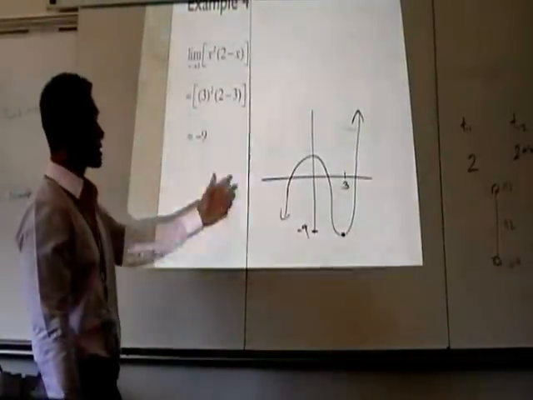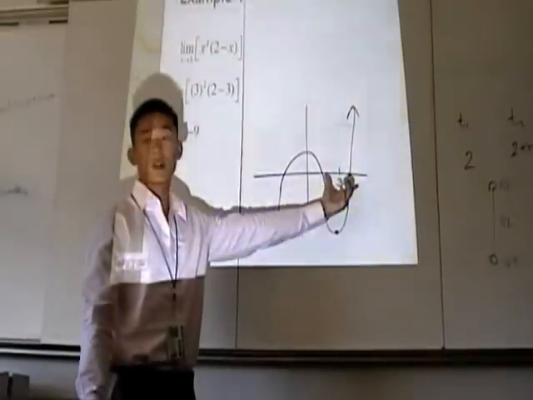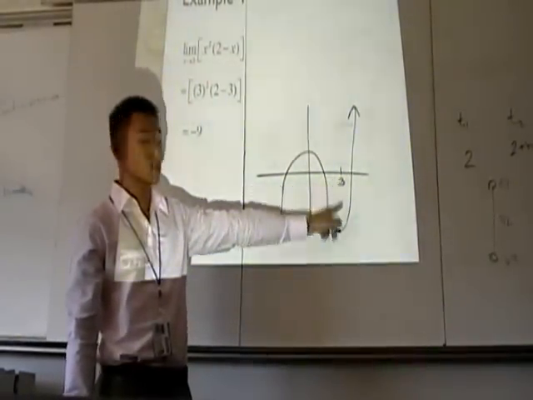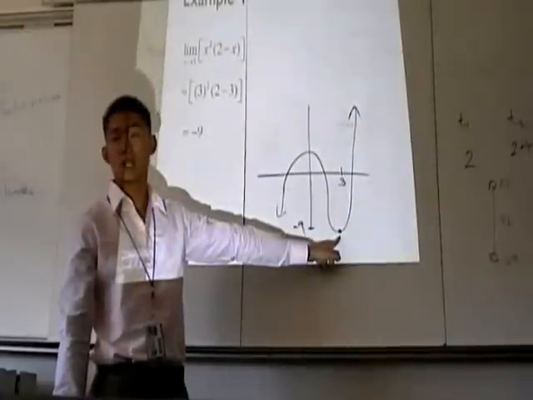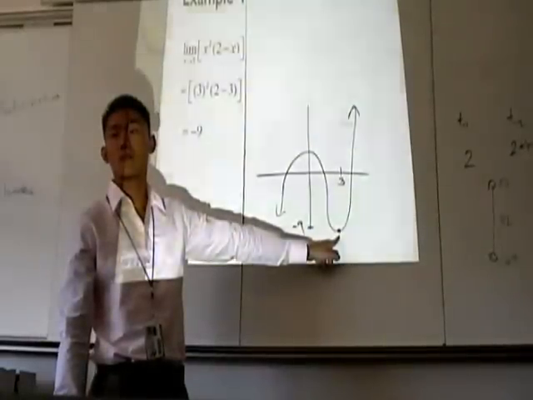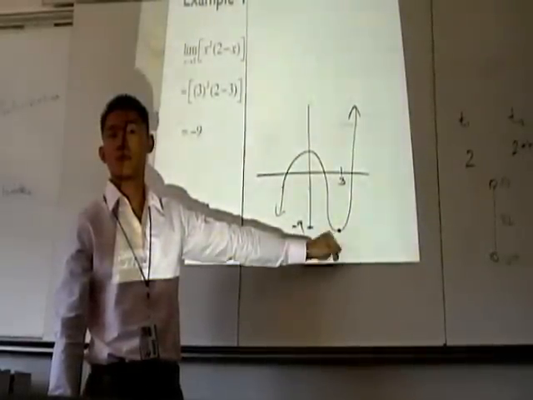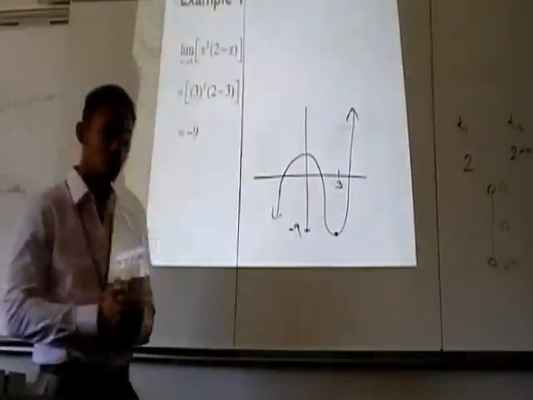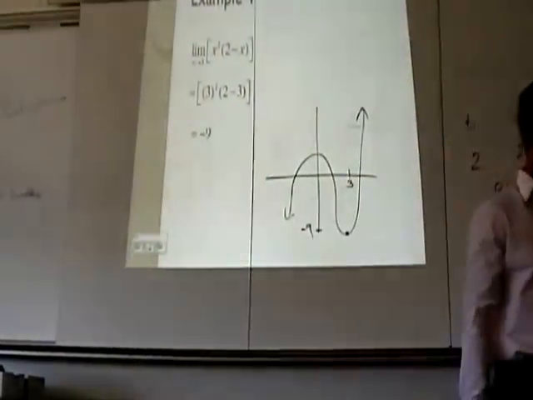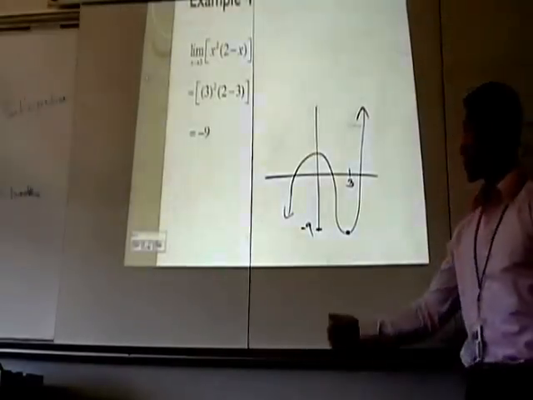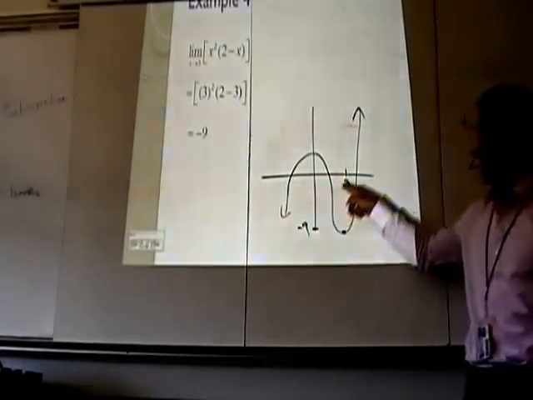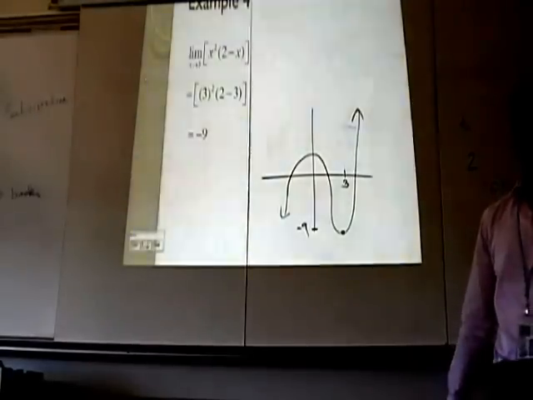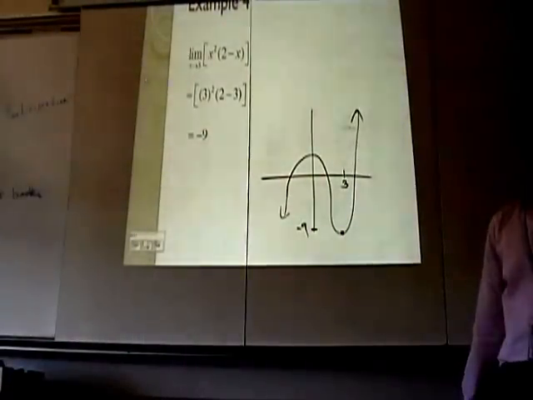So this is saying as x approaches 3 along the x-axis, getting closer and closer to 3, your graph is negative 9. If you actually graph that on your graphing calculator, I don't know if this is what your graph is going to look like, but this part right here will be right. Okay, question?